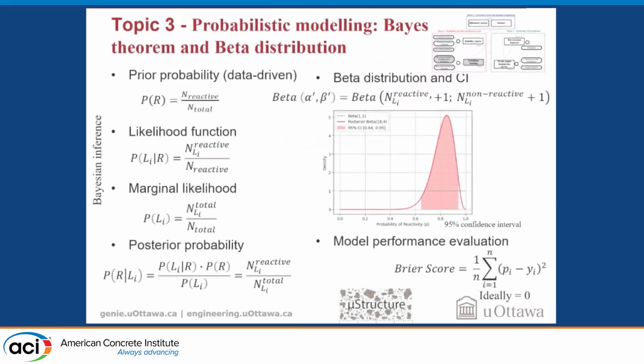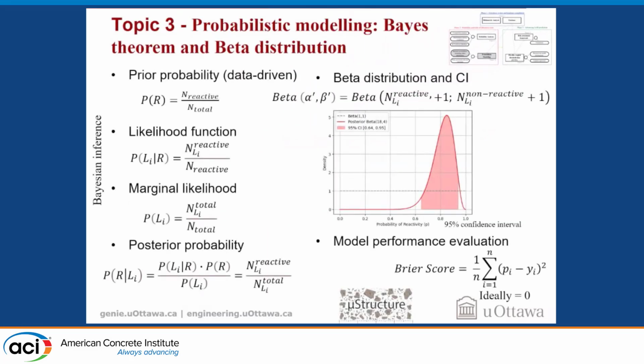We said, well, why don't we try to get that in a more probabilistic fashion, and we try to use Bayesian statistics in which we got our prior probability, so knowing the amount of reactive aggregates over the total amount of aggregates, the likelihood function, which is a function that lets us know what is the likelihood of reactivity based on the different variables we are evaluating, the marginal likelihood, which is a summation on all of that together, giving an overall perspective, and computing these three, we are going to be able to compute our posterior probability.